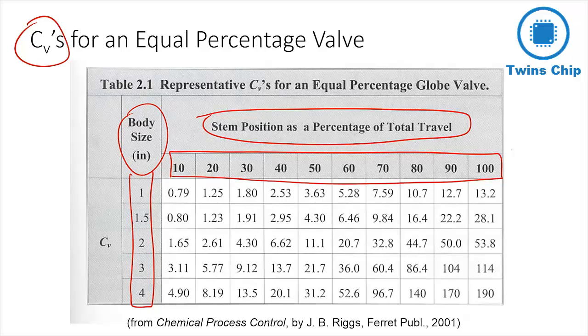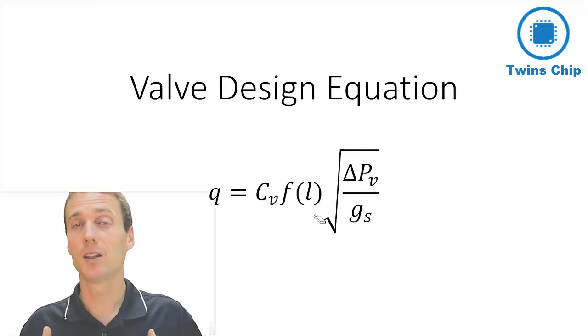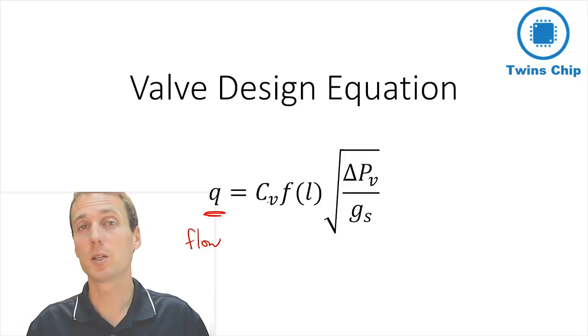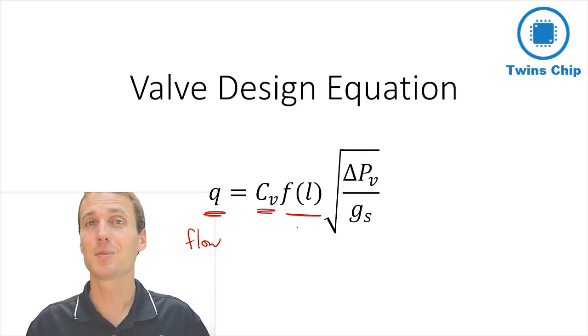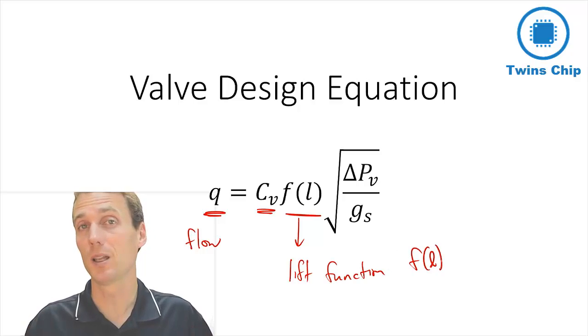So let's go on to the valve design equation. Here we have the Q, or the flow, equal to CV times a lift function. Now if that's a linear valve, F of L is just going to be lift.